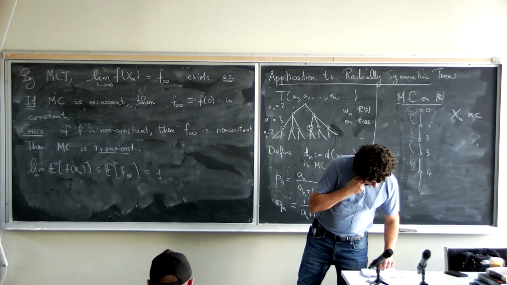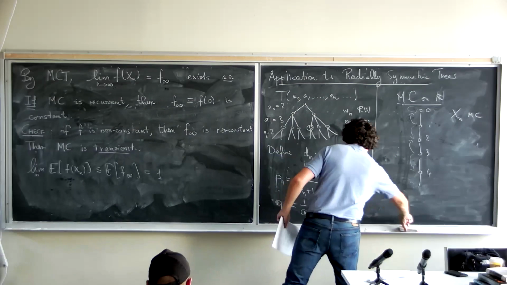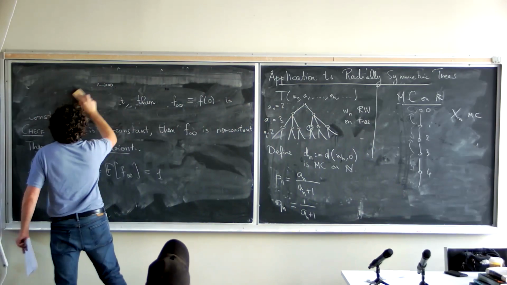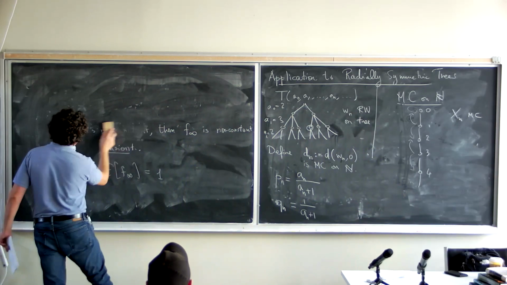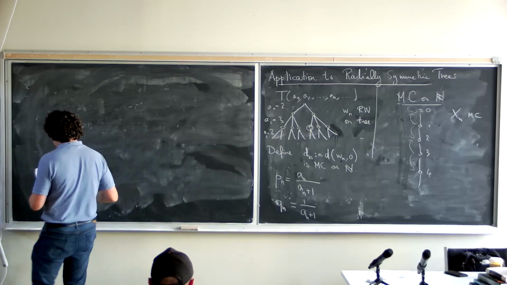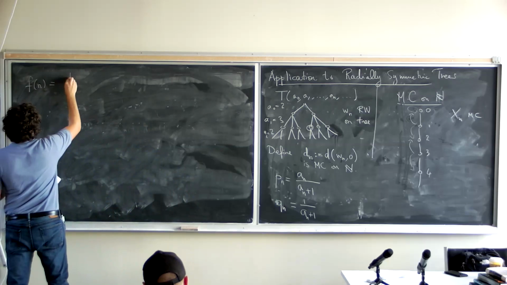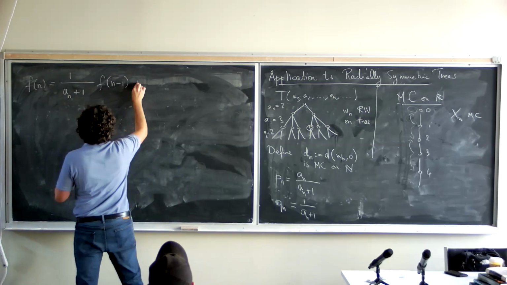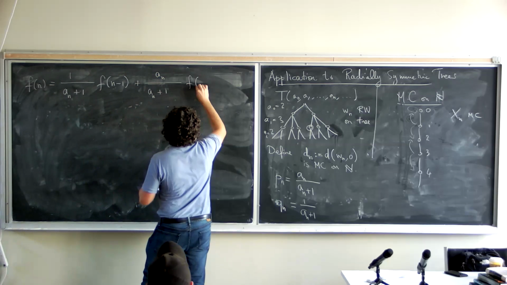Okay, and now we just have to test whether there is a solution to that equation or not. The equation is f of n equals 1 over An plus 1, f of n minus 1 plus An over An plus 1, f of n plus 1.